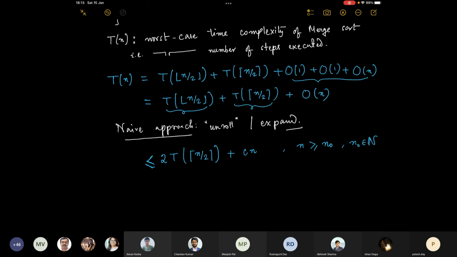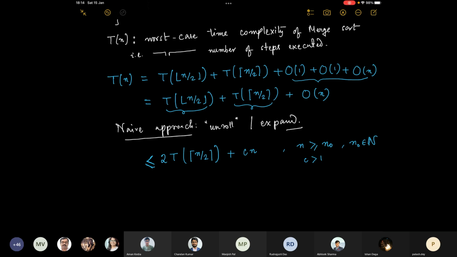Something being big O of n means that it can be upper bounded by c times n for some constant c greater than 1, and this upper bound holds for all n greater than or equal to n naught for some natural number n naught. That's just from the definition of big O. All of you with me? Catch me if I am doing anything wrong.